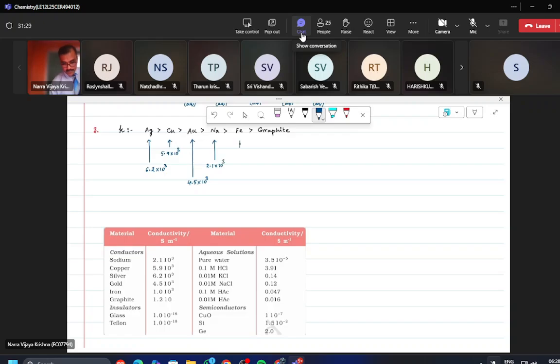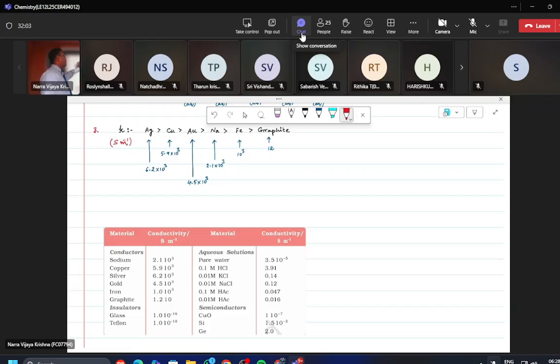Iron 10 power 3. Graphite, is it more than iron? No, no. Graphite is 12. All are in Siemens per meter, kappa values.